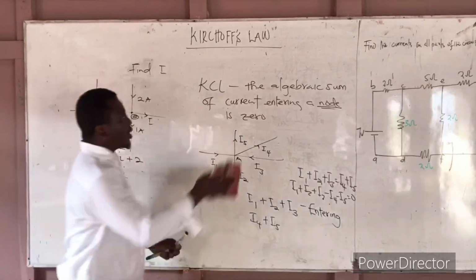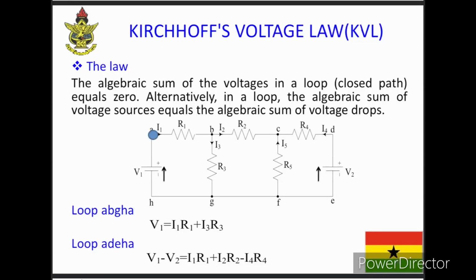Now let's talk about KVL. The KVL law states that the algebraic sum of voltages in a loop, that's a closed path, equals 0. Alternatively, in a loop, the algebraic sum of the voltage sources equals the algebraic sum of the voltage drops.